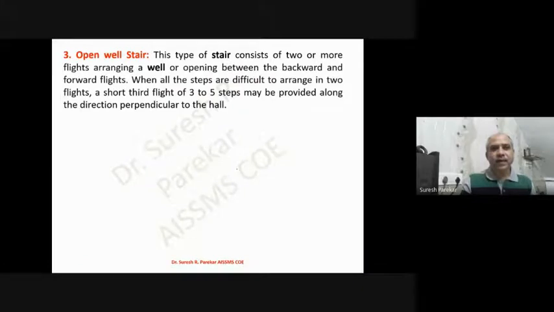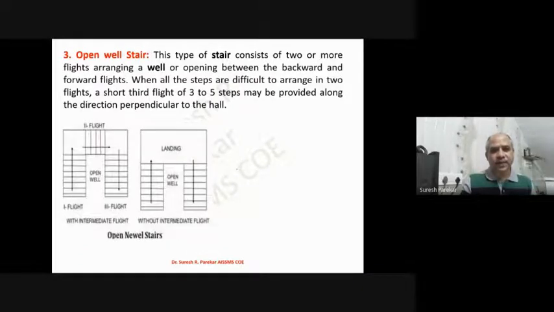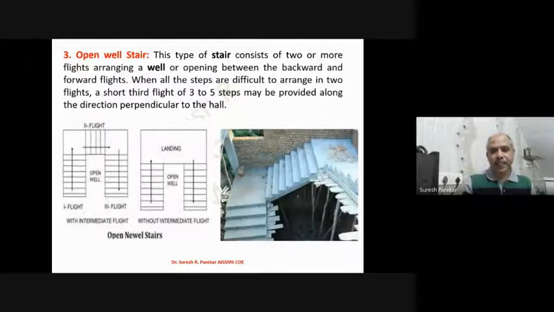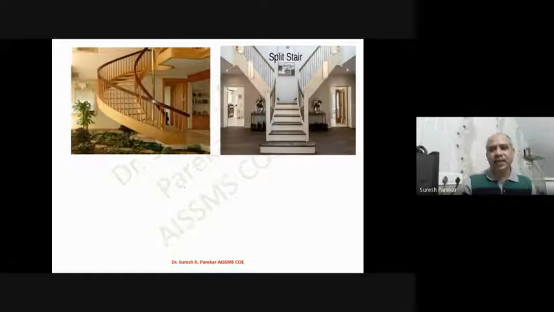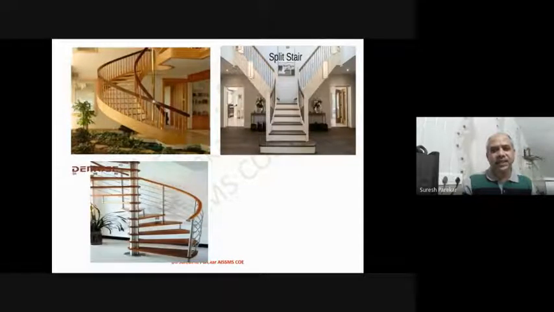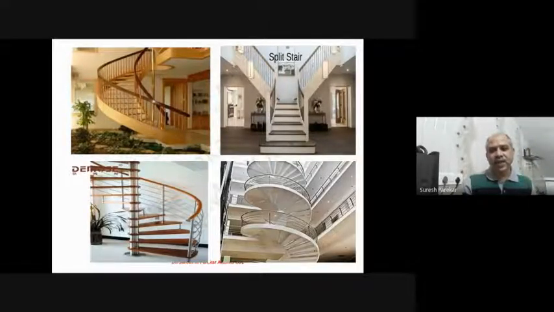Then open well stair, in this fashion. It may have 3 flights or it may have 2 flights. And then we have different types actually. This comes from your architectural point of view; they are going to provide. So these are the different stairs which you can use.